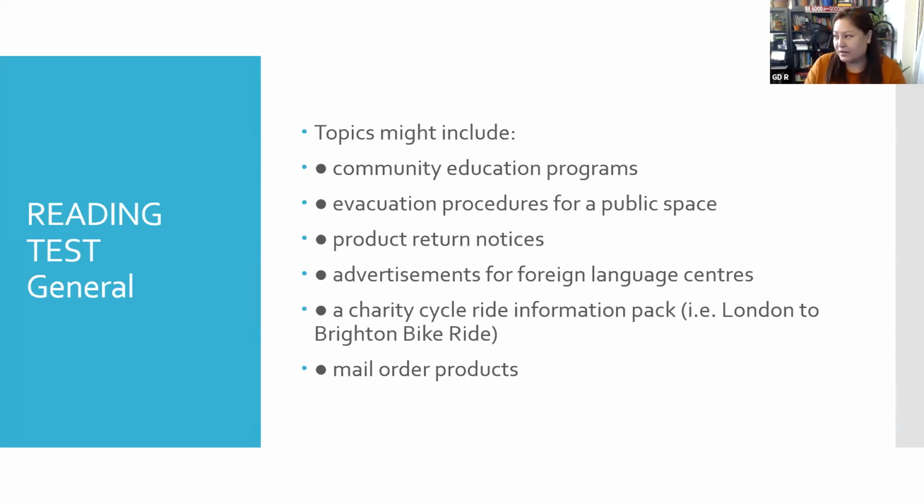For example, if you have a car, they would send you letters saying there's something wrong with the brake pad or the windows for this kind of model, so come to the showroom, we need to do something about it. Advertisements for foreign language centers, charity cycle ride information pack, and meal order products.